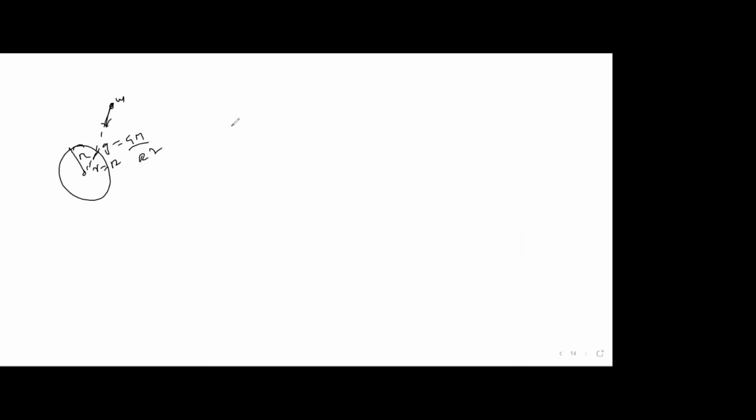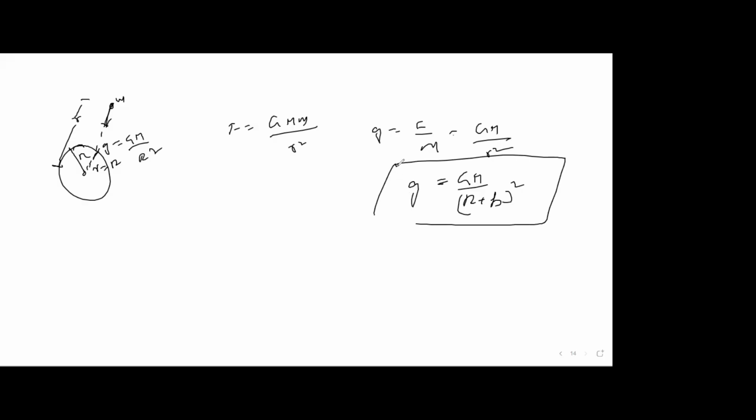The force is G capital M small m by r square. So what is the g value? Force per unit mass, which is equal to GM by r square, that is GM by (R plus h) whole square. This is the value of g at any height, called gh.